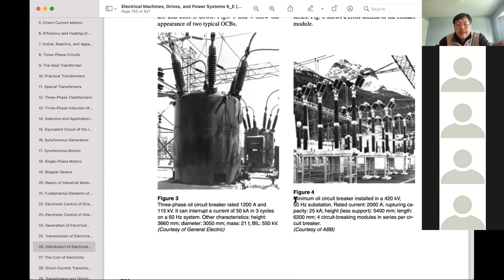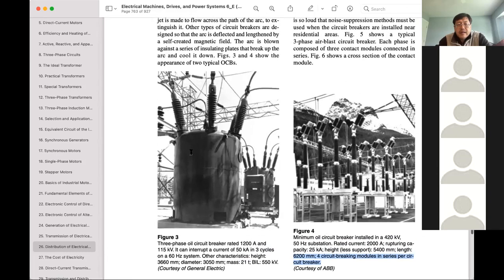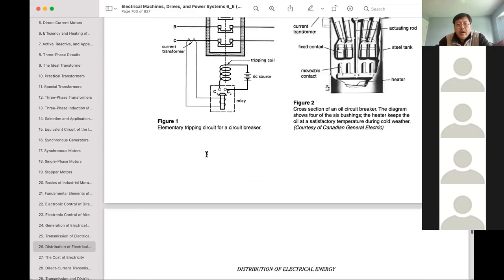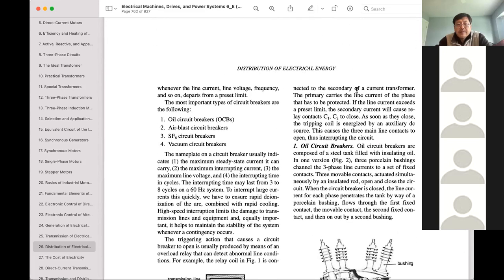There's another circuit breaker example. This one is even bigger, 15 feet. It looks like a tank. So it's an oil circuit breaker.